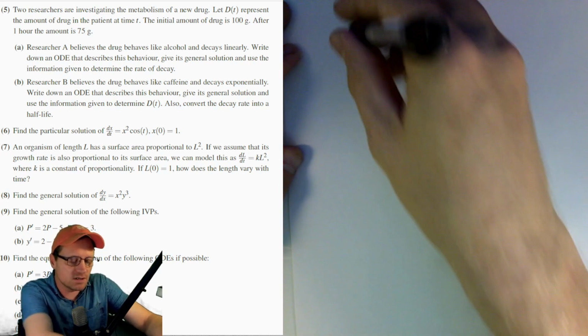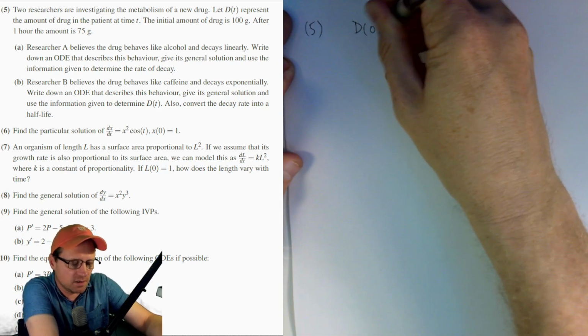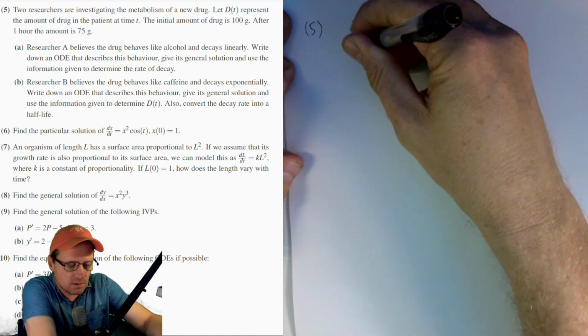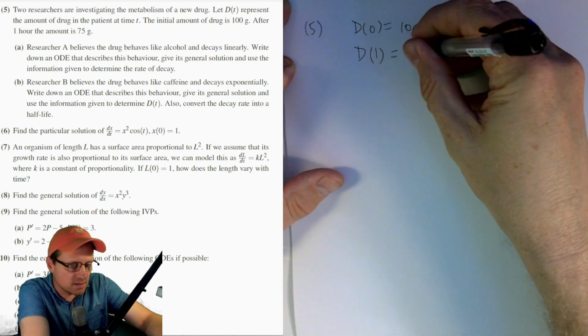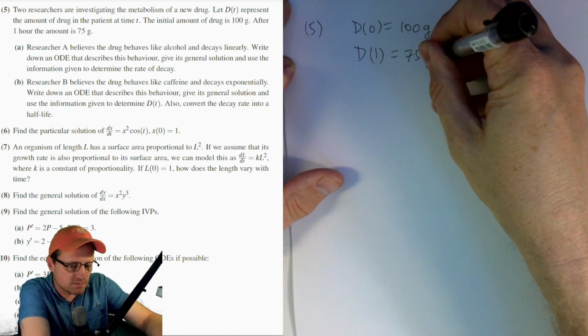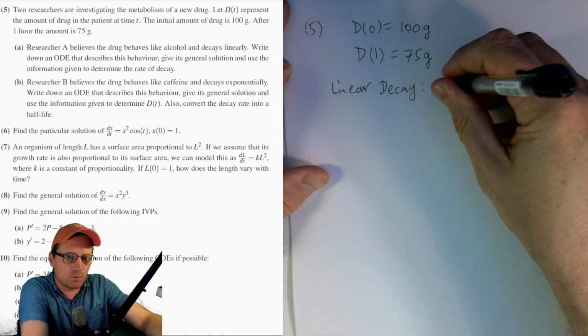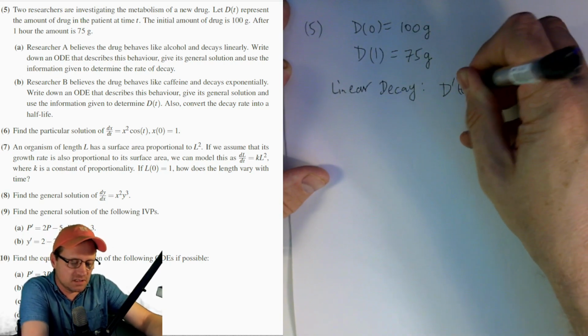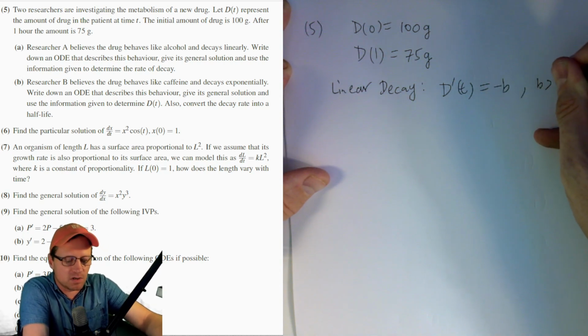All right. So what we have in question 5 is D(0) is 100 grams and D(1), because that's after 1 hour, is 75 grams. Okay, so if we had linear decay, then we would have D'(t) is minus b, where b is a positive number.